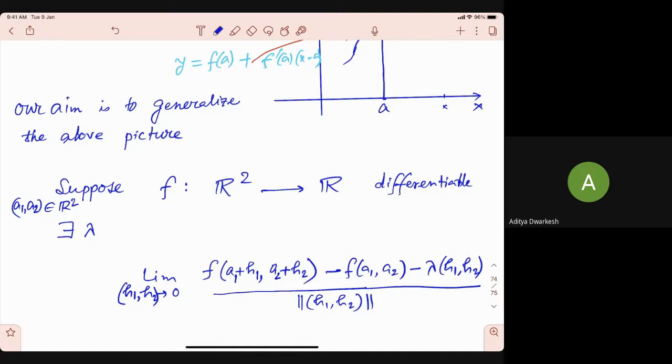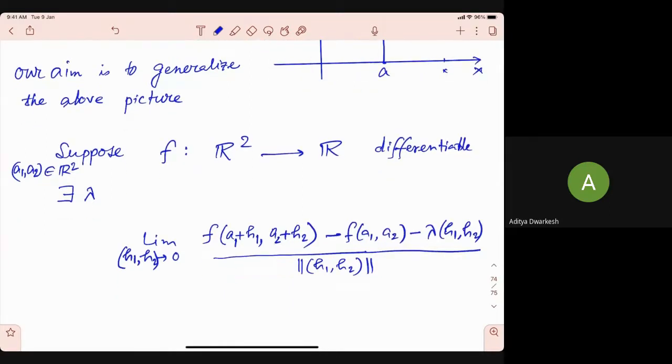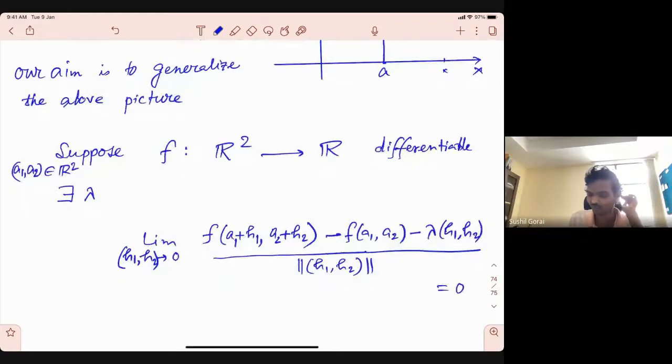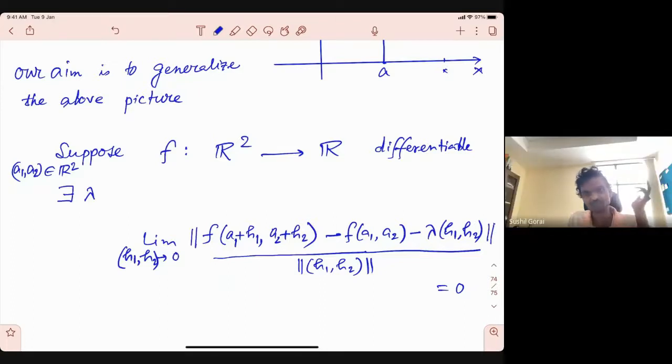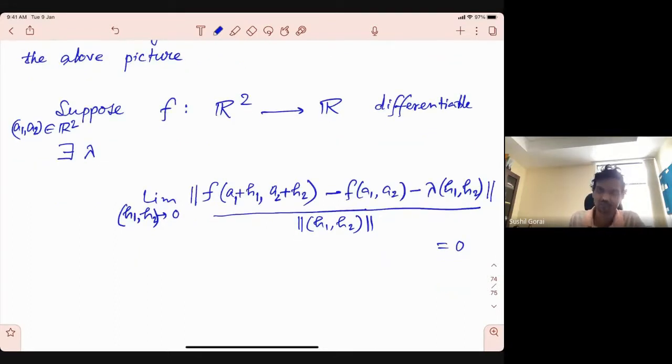So if we find such a lambda, then we can say that f is differentiable. So we put a norm here also, right? But that actually doesn't matter. If you put the norm or if you don't put the norm, if one limit exists, the other will exist all the time. All right, so we have this one.